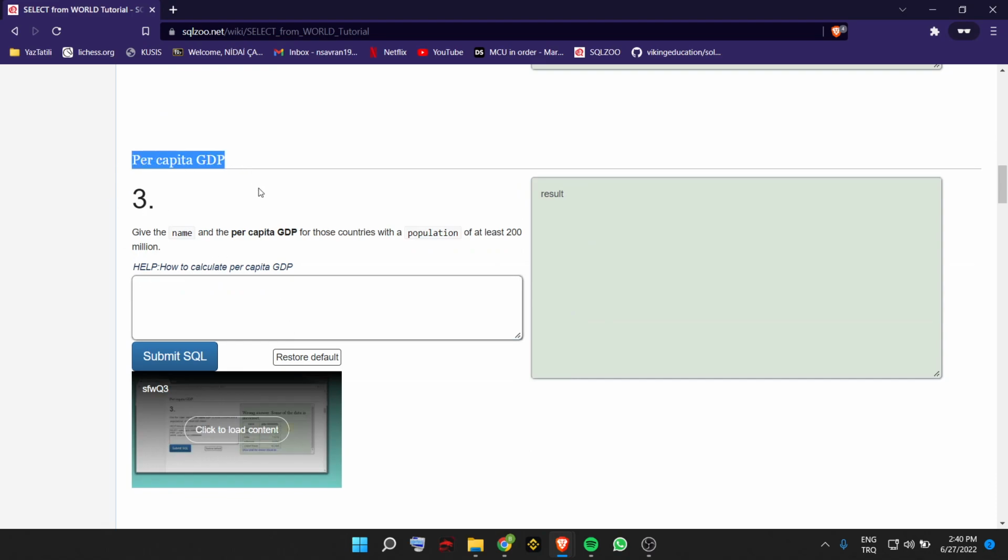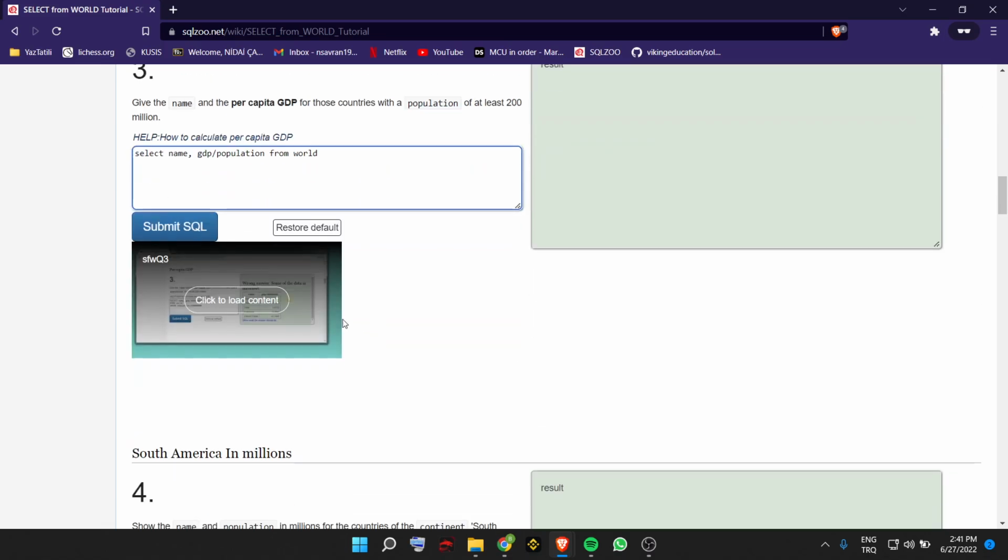We will find the per capita GDP of these countries. Give the name and the per capita GDP. And how can we find per capita GDP? It's GDP divided by population from world. I guess world is the name of the table, yes.